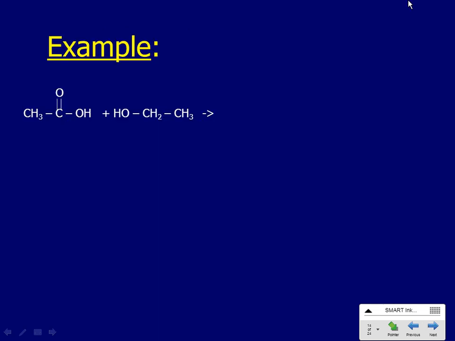So let's do a couple of examples here. And we're actually going to learn a little bit about the naming of esters at this point at the same time. We can actually cover the two things at the same time.